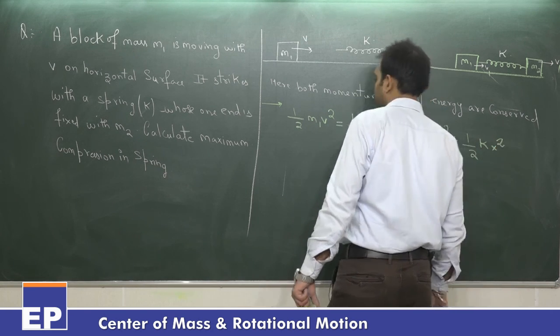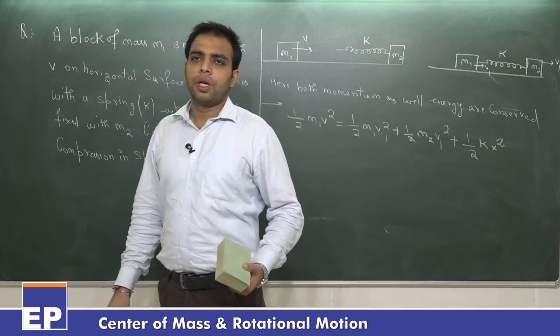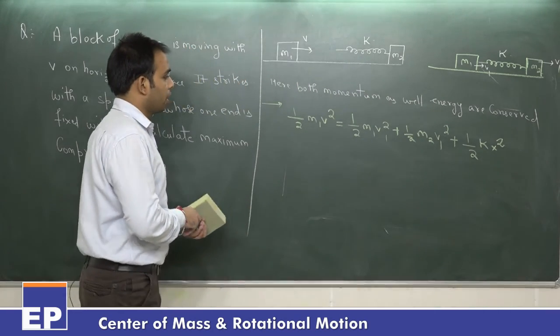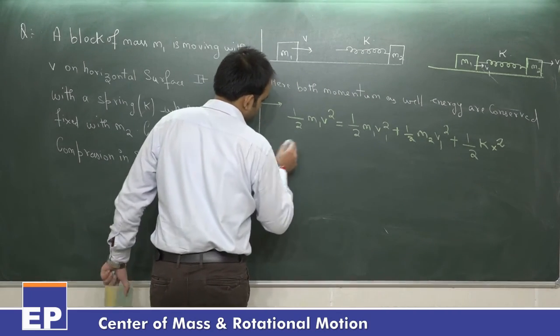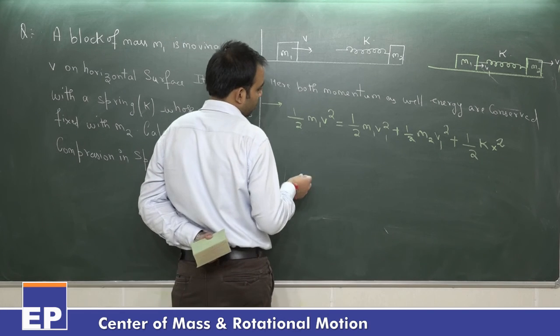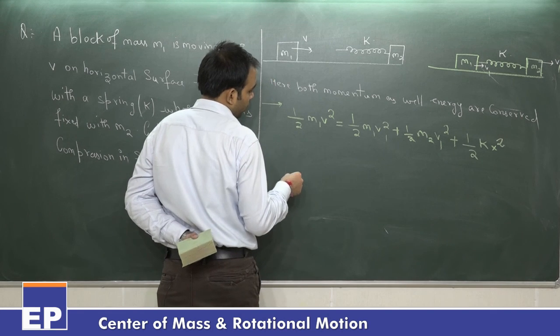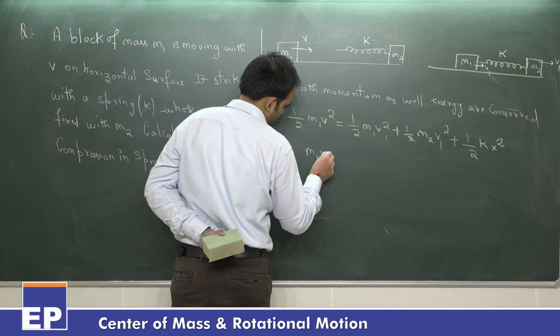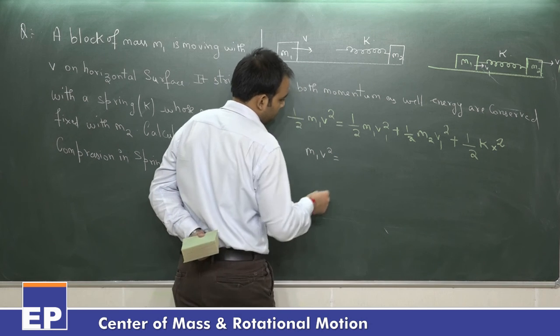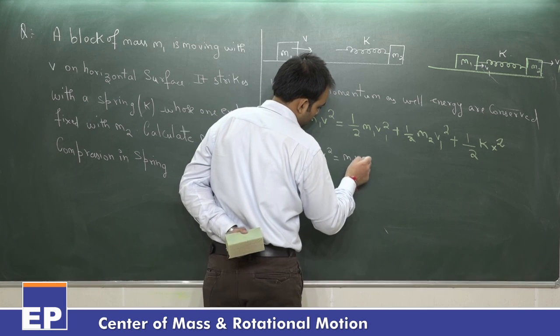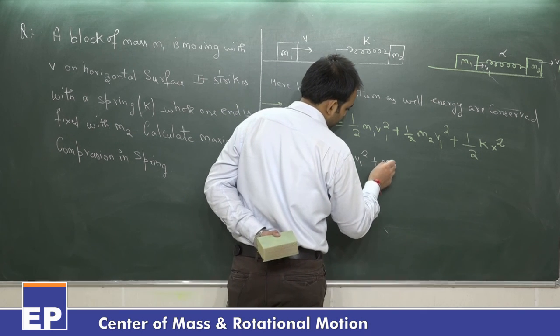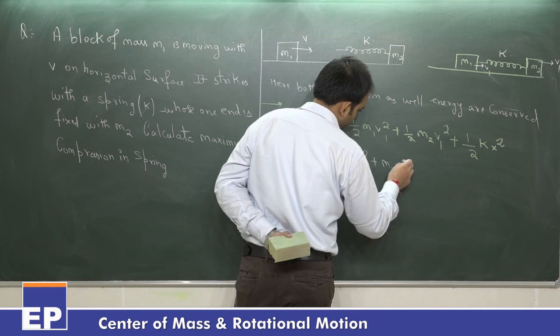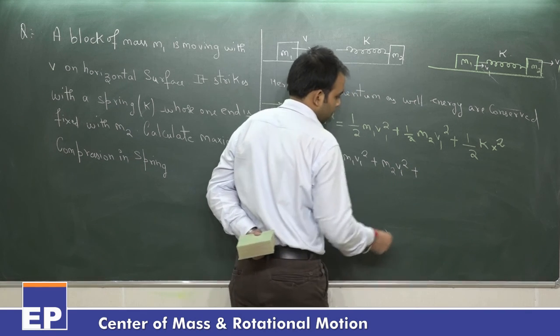That is the maximum compression in the spring. राइट. एंड यू कैन से V1 की वैल्यू आप कहां से कैलकुलेट कर सकते हैं. इसको सोल्व कर रहे हैं, देखो क्या आ रहा है, M1 इंटू वी स्क्वायर इट इज इक्वल टू M1 इंटू V1 स्क्वायर प्लस M2 इंटू V1 स्क्वायर प्लस KX स्क्वायर.